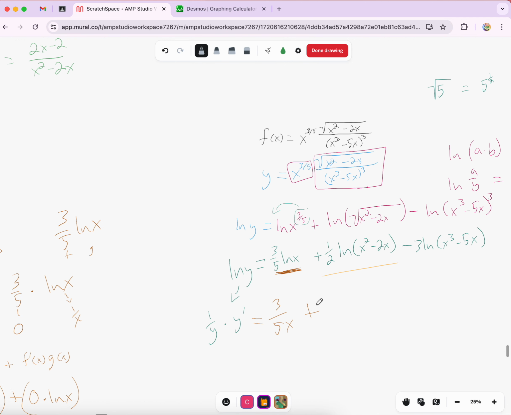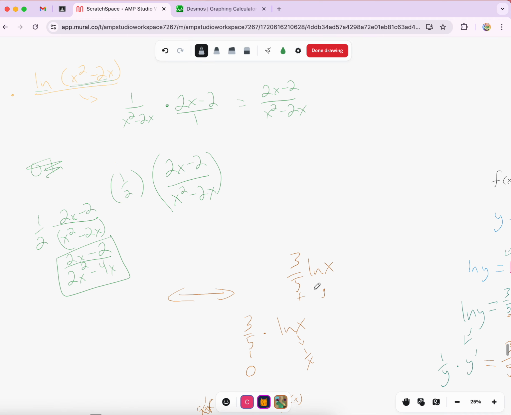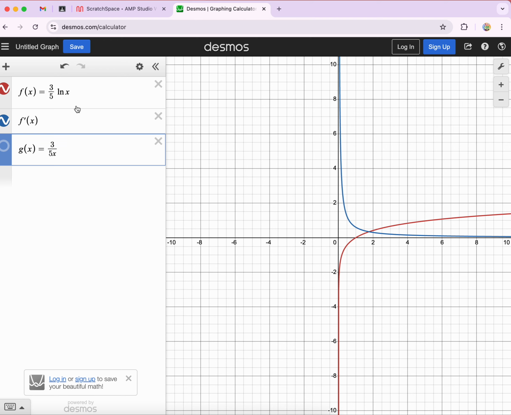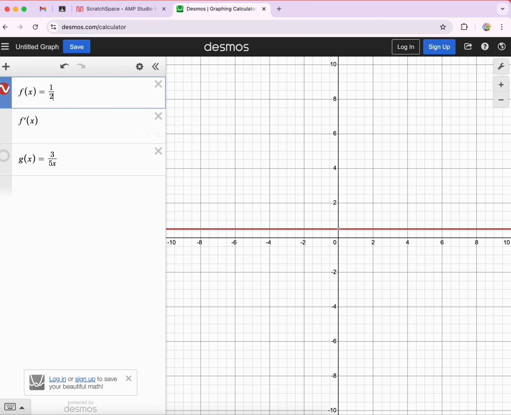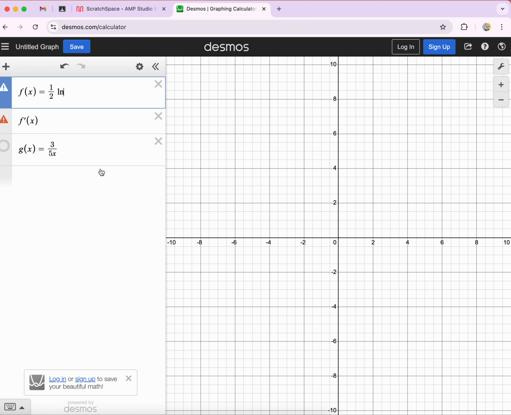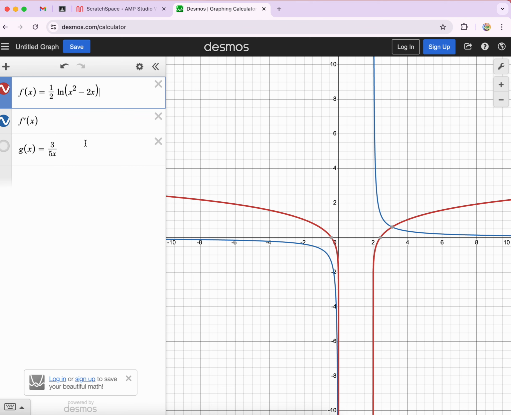So that gets plugged in right here. Let's just make sure. Again, we can verify at each stage. Let's verify that this is the correct derivative. So it was 1/2 the natural log of x squared minus 2x, okay? And there's our derivative in blue.